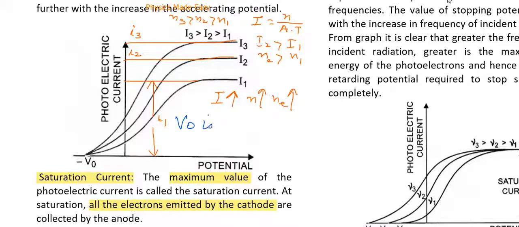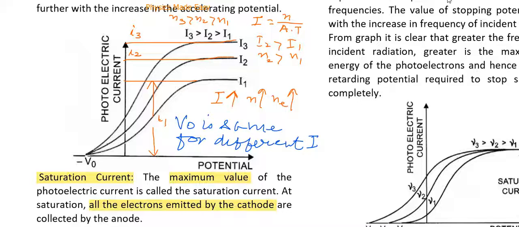V naught is the same for different intensities I. Whether the intensity is I1, I2, I3, whatever may be, their values may affect the saturation current, but different values of intensity do not affect the stopping potential.